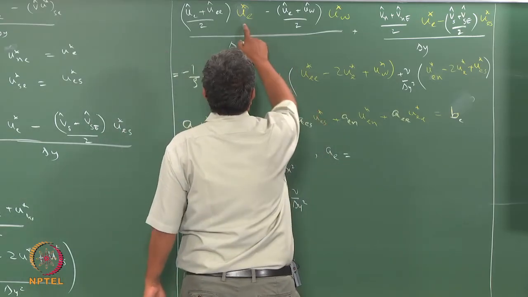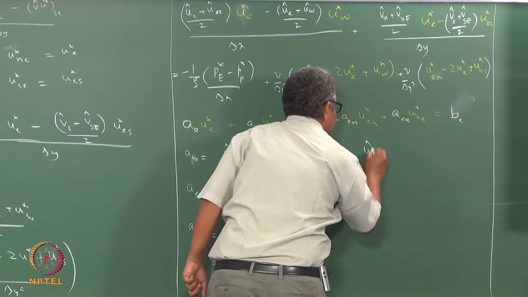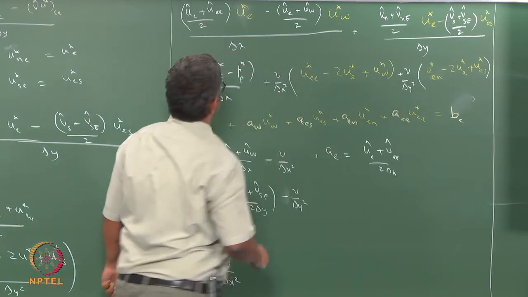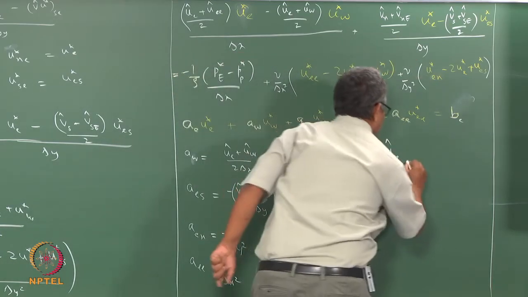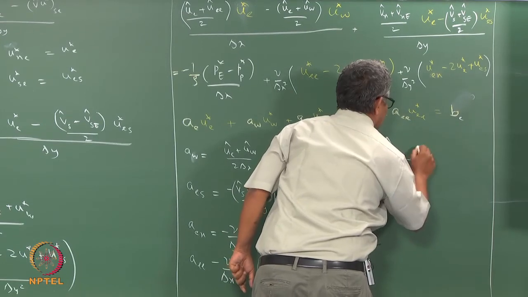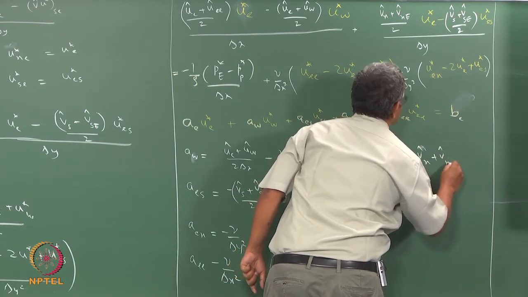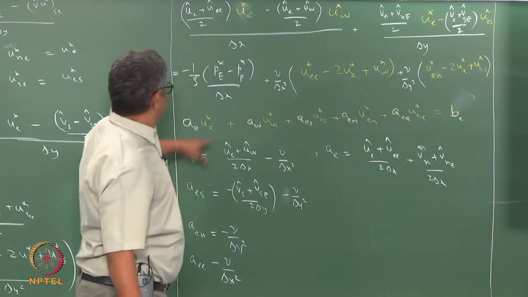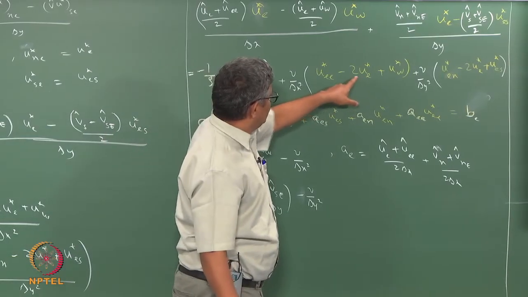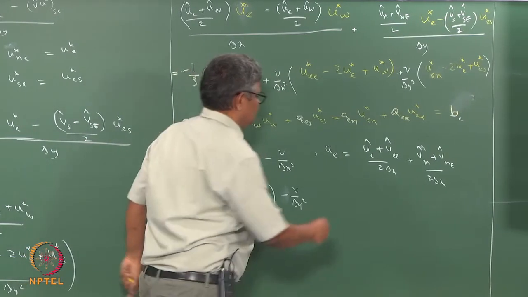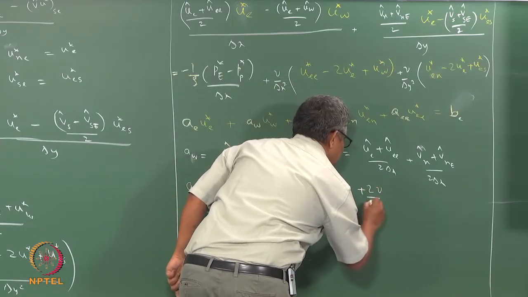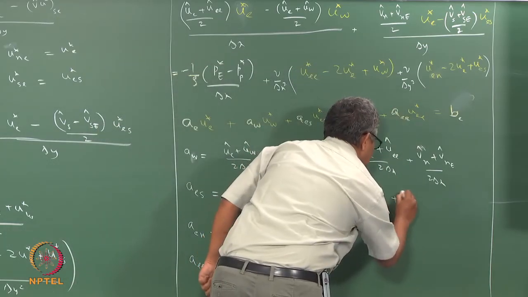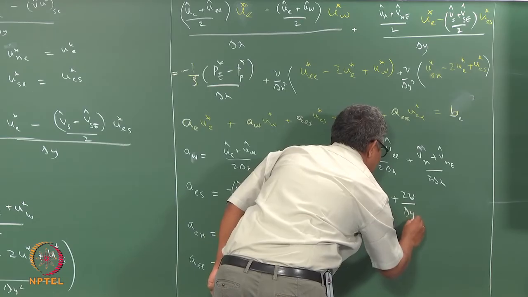So AE is a contribution coming from here, which is U hat E plus U hat E by 2 delta x, and it is coming here plus V hat N plus V hat N capital E by 2 delta x, and here we have minus 2 nu by delta x square, but when you bring it to the other side this becomes 2 nu by delta x square, and here we have plus 2 nu by delta y square.